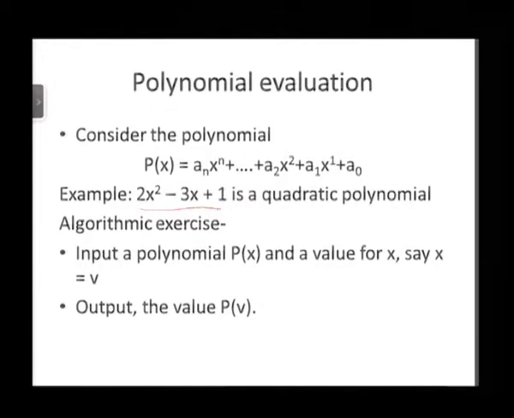So, for example, let us take the given polynomial and let us say v equals 2, in which case we have to compute 2 multiplied by 2 square minus 3 multiplied by 2 plus 1, and this is 8 minus 6 plus 1, which is equal to 1.